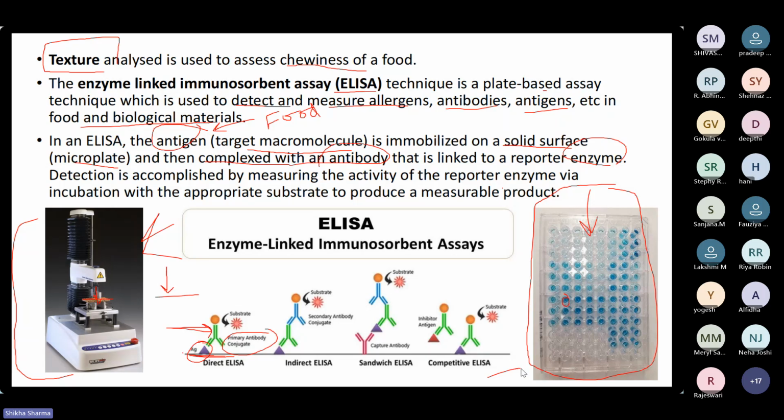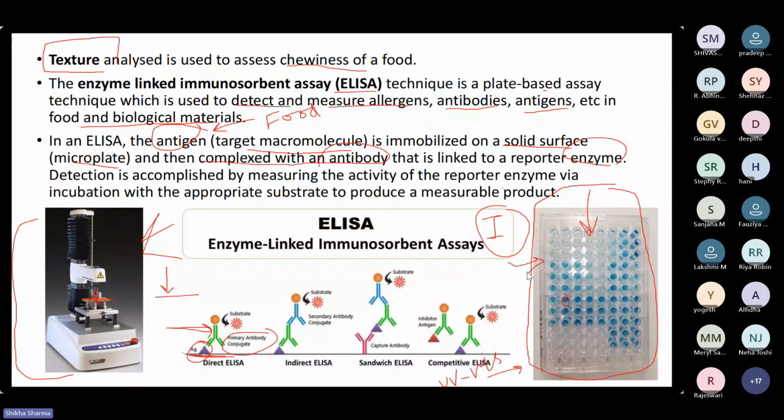This will be detected under a UV-vis spectrometer. From there we can analyze the intensity of different colors, and based on the intensity, or the reflectance and transmittance, we can understand the concentration of that color.